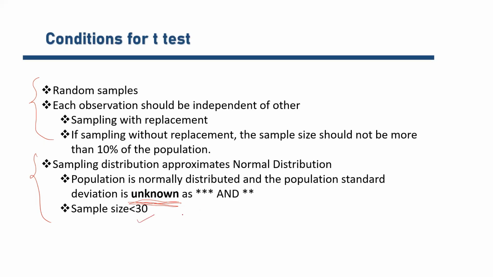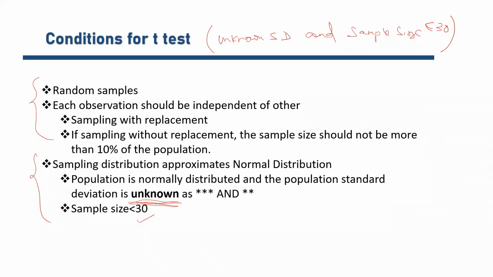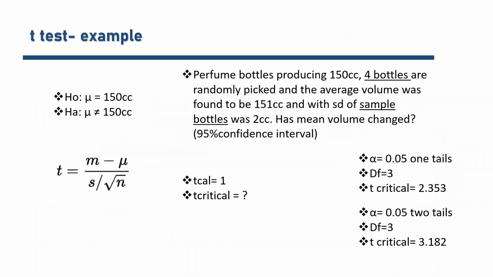So these are the only two cases: unknown standard deviation, and sample size less than 30. In the Z test, the standard deviation was known or the sample size was greater than or equal to 30.